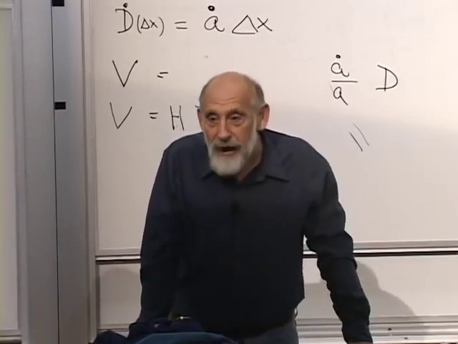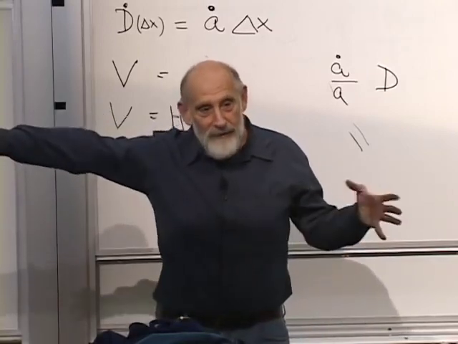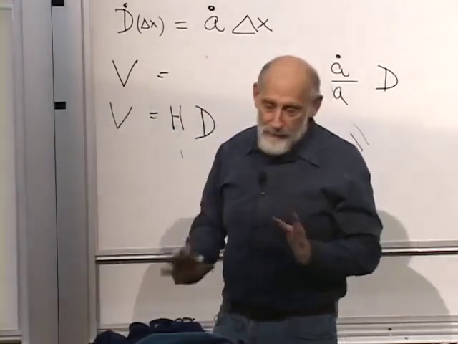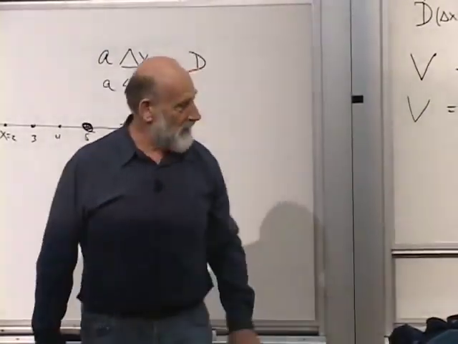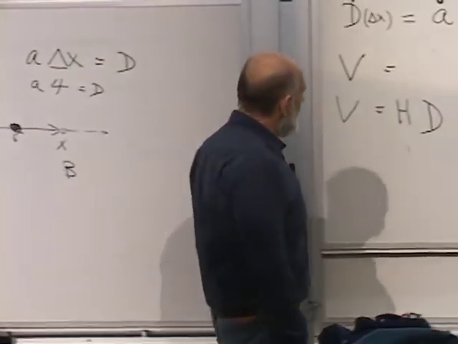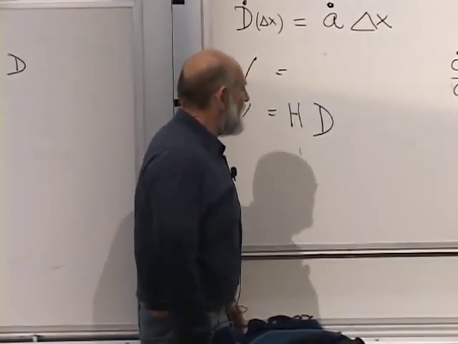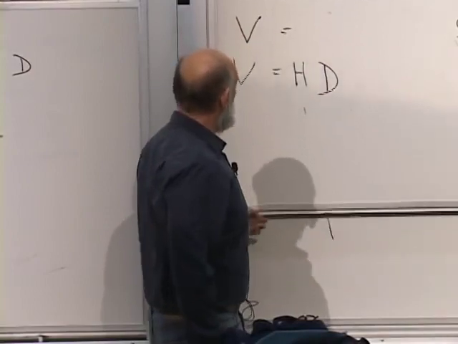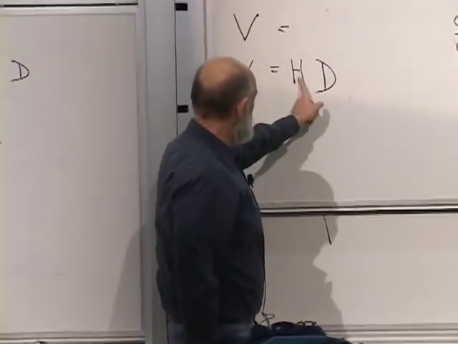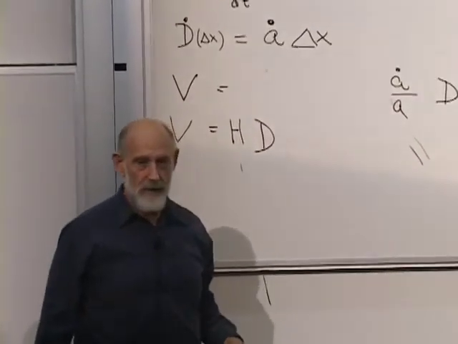The fastest galaxy is most likely to be the one that's gotten furthest away from you. But that, of course, is just true, but this is the right way to say it. Velocity is proportional to Hubble constant times d.